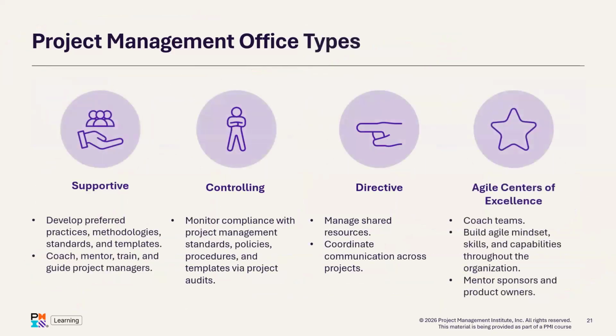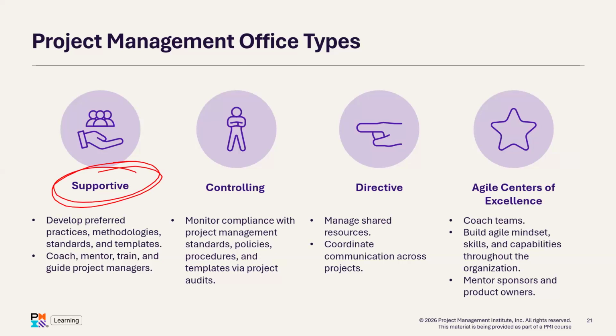There are types of PMOs. We have the supportive PMO, controlling PMO, directive PMO, and Agile Center of Excellence. The differences are mainly about their capacity or the authority given them. And normally the authority also stems from who is heading the PMO. Of course, if an operational person has the PMO, his level of authority is low.